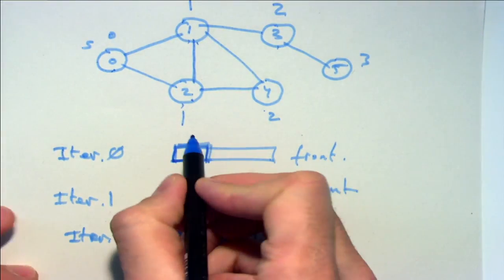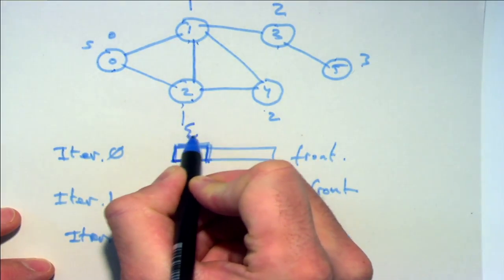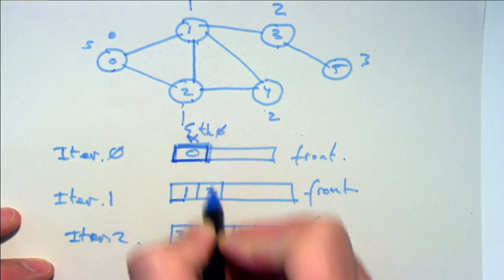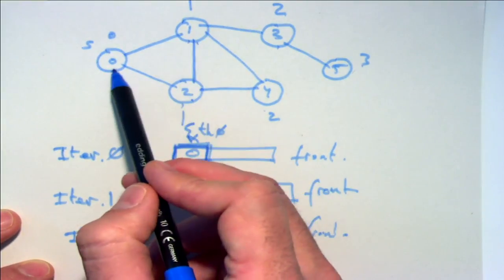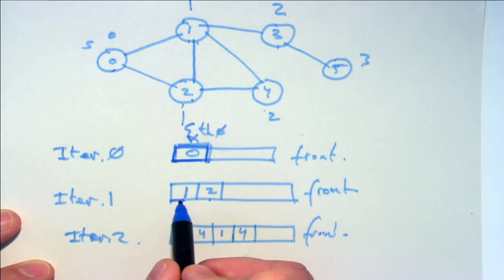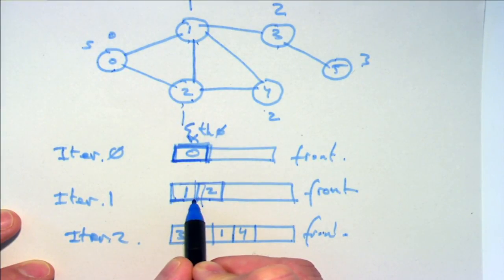In iteration 0, we use one thread, thread 0, which visits the neighbors of vertex 0 and stores them in the output frontier.